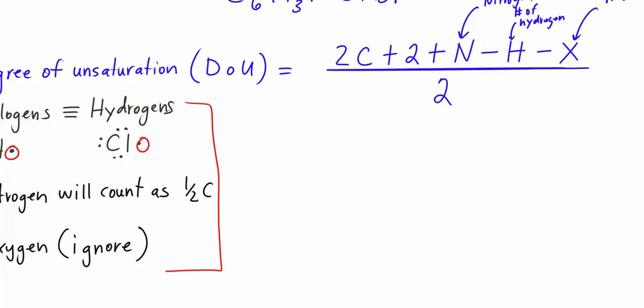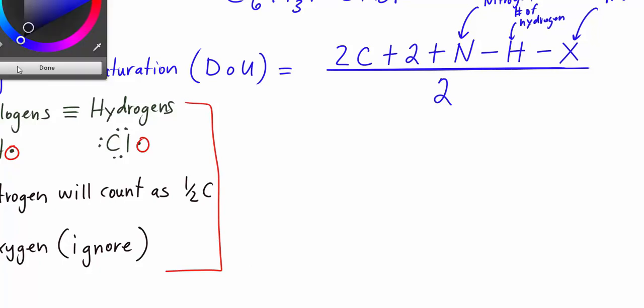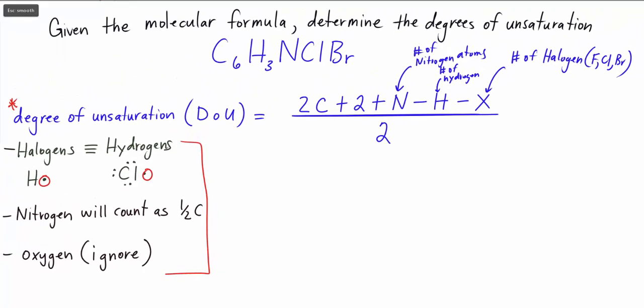So let's apply that to the example that we have. We know it's going to be divided by 2. So we have 2 times the number of carbon atoms. In this example, we have 6. Okay, and then we're going to add 2 to that.